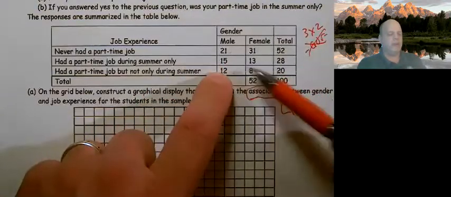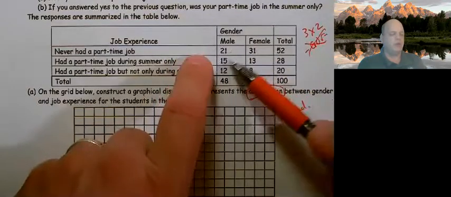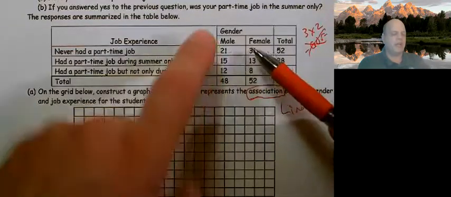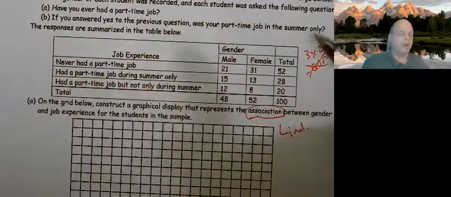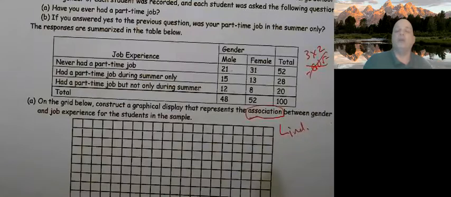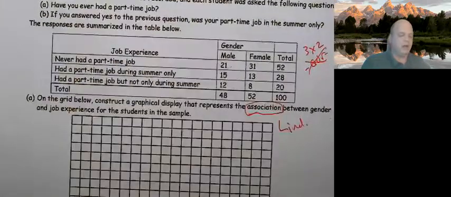I can compare this to this as a proportion, or this to this as a proportion, but I cannot compare these 3 categories. So with the 2 proportions, I can only compare 2 categories to 1 category. All right. So I can do a 1 by 2 or 2 by 1, however you want to look at it.